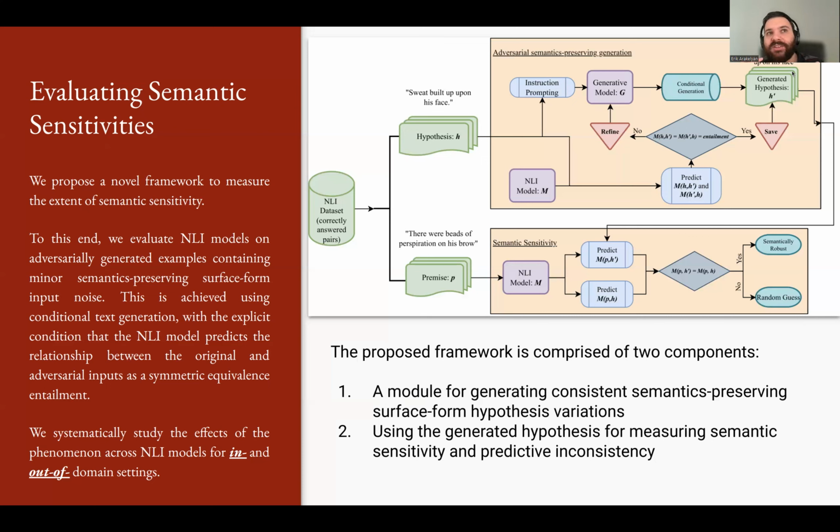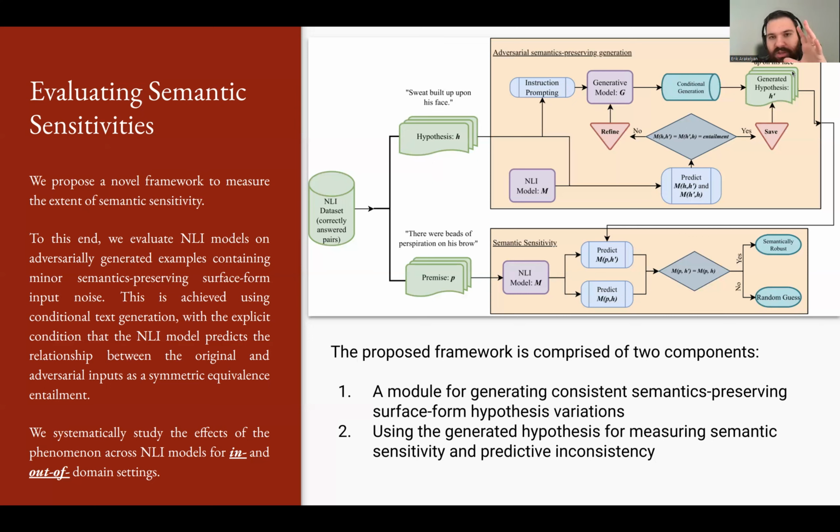We postulate that semantic understanding must minimally involve understanding that if two sentences are the same, then they're the same, and if two sentences are different, then they're different, in very layman terms. And for this very purpose, we generate logically equivalent hypotheses, or adversarial hypotheses, we can call them, from the original. How we generate them, we'll cover in the next slides, but let's say we're able to do it.